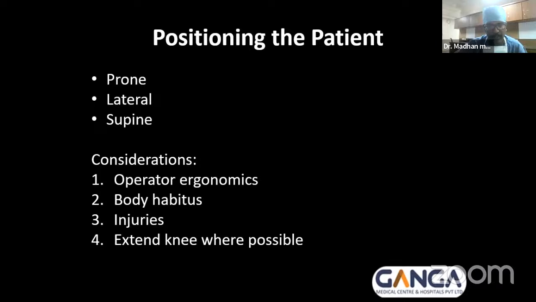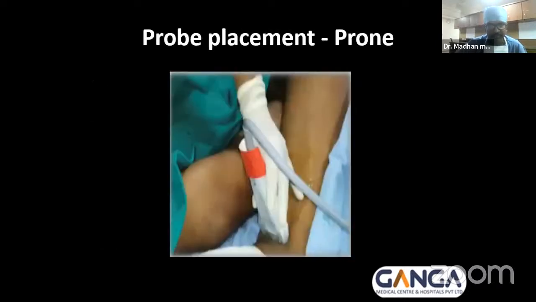Another position is supine, where one assistant is needed to hold the leg flexed and support the leg. And it is always better to extend the knee wherever possible for better visualization of the sciatic nerve.